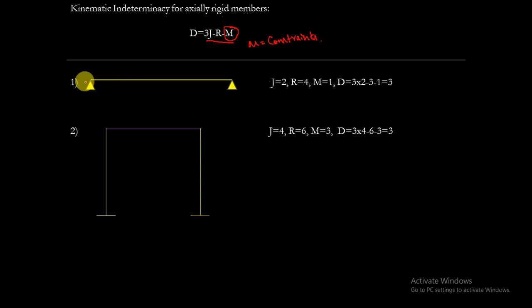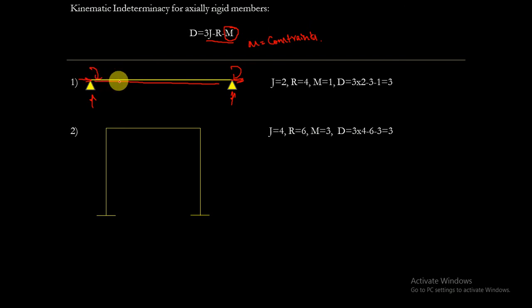Usually at this joint it will have 3 degrees of freedom. At this joint also there will usually be 3 degrees of freedom, but as this member is axially rigid, there will be only one horizontal displacement.